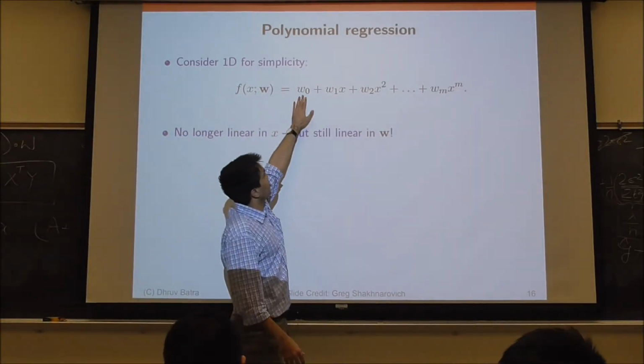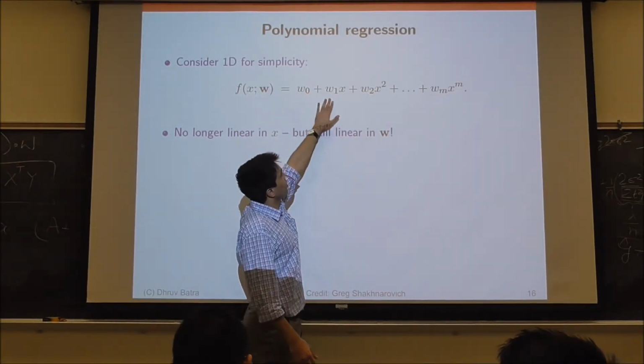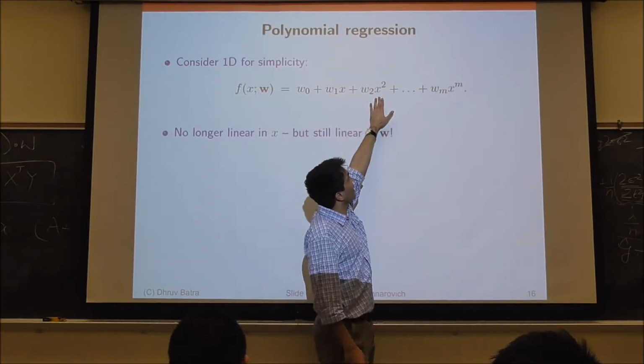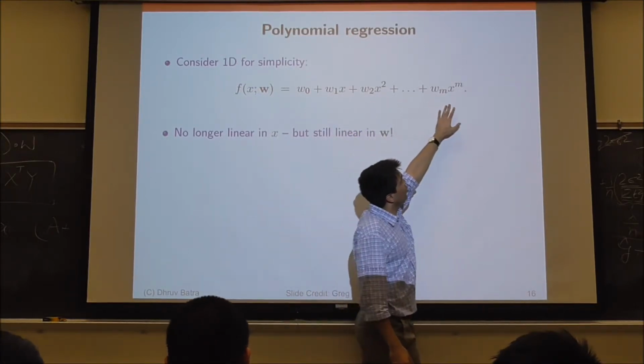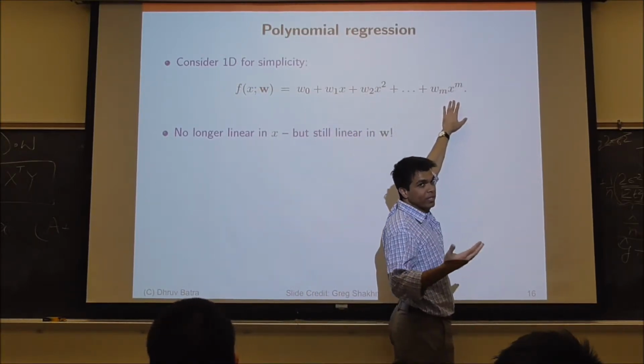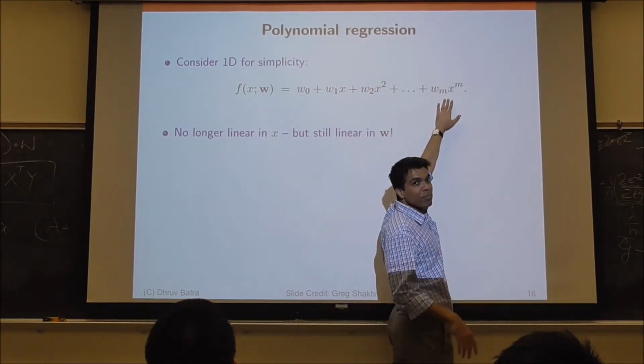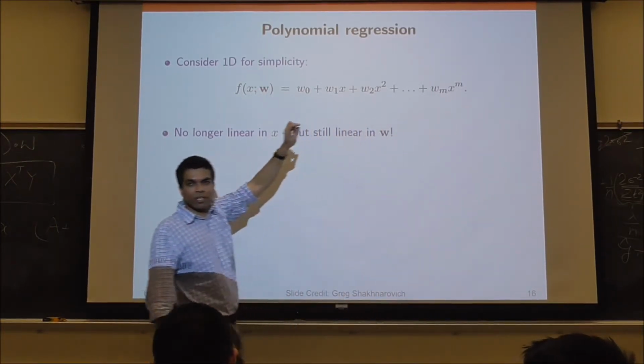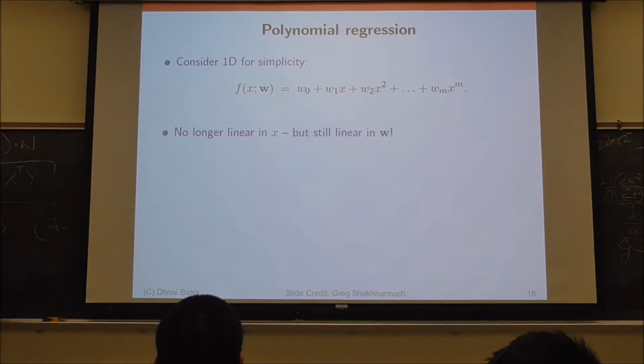What we can do is, we can say W0, that's my constant term, W1, and I can start having x squared, x cubed, all the way till x to the m or x to the d, right? Some dimensionality. So this is an mth order polynomial, right? But it's polynomial in x. The key thing to notice is that it's still linear in w. So everything is still the same as linear regression, right?